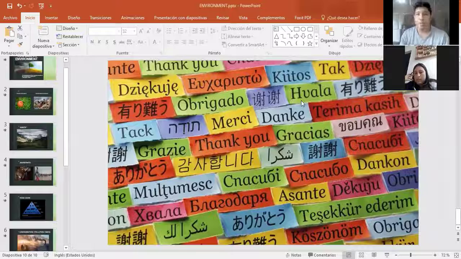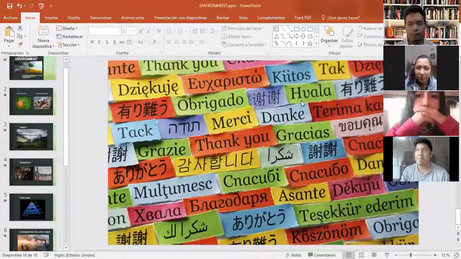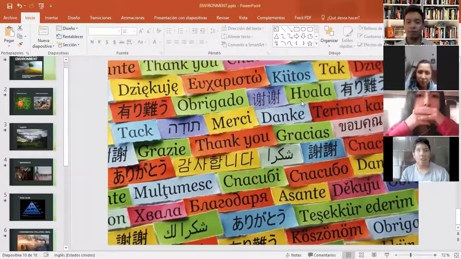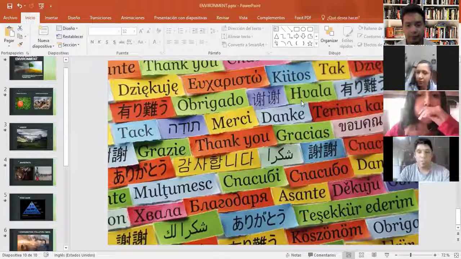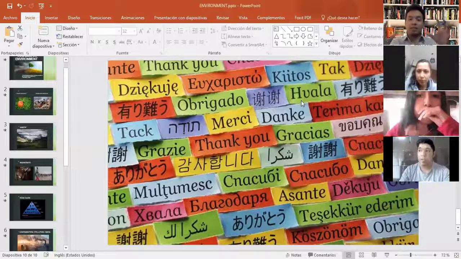Exactly. In habitats, we can find, let me see, what can we find in a forest? Mountains, rivers, forest. But what's inside of it?